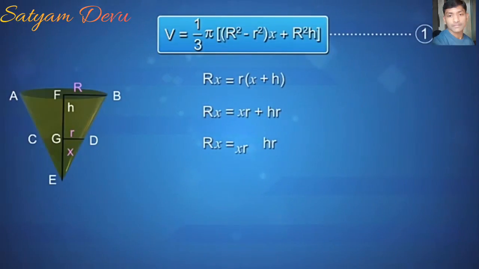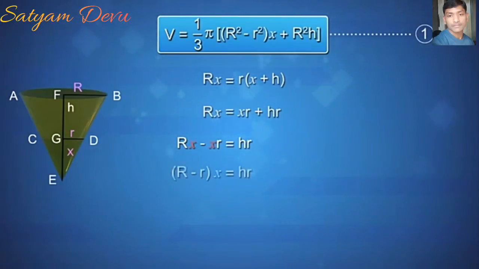Bring the x small r term to left side, which gives capital Rx minus x small r is equal to h small r. x is common to both the terms. So we get the simplified equation as capital R minus small r into x is equal to h small r. From this equation, the value of x is h into small r by capital R minus small r.